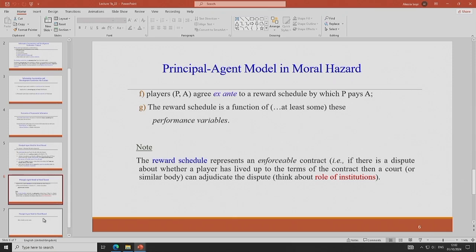The crucial aspect is that I have to make it, as a principal, in the best interest of the agent to exert the high level of effort. You're not doing it for me. You're doing it for yourself. Why? Because you're going to be paid. And that's the only way in which you can transfer the responsibility of the action from the principal to the agent.